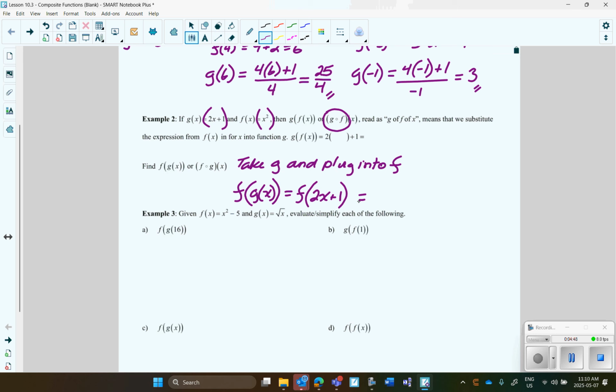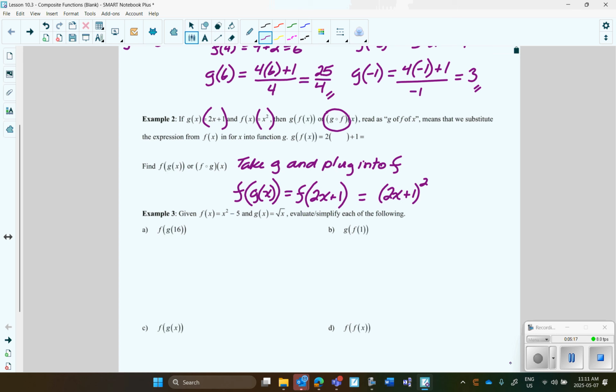So instead of x, I write 2x plus 1, and then I have to square it. If you were asked to do g of f of x, that means you take this one and plug it in there. So the order does matter.